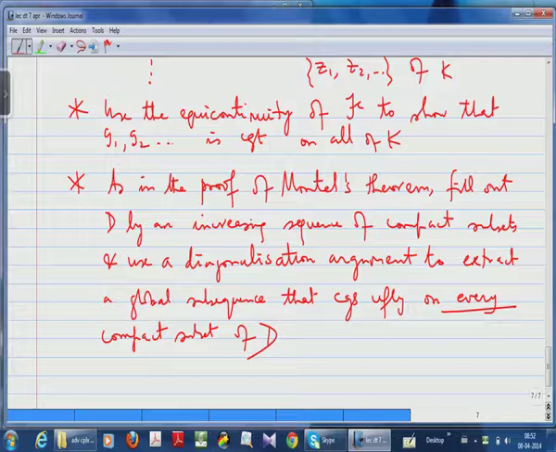Okay, now from this sequence of functions, because I assume normal sequential compactness, I can also get a subsequence which converges. If a family of meromorphic functions converges to a limit function, then the family of spherical derivatives will also converge.